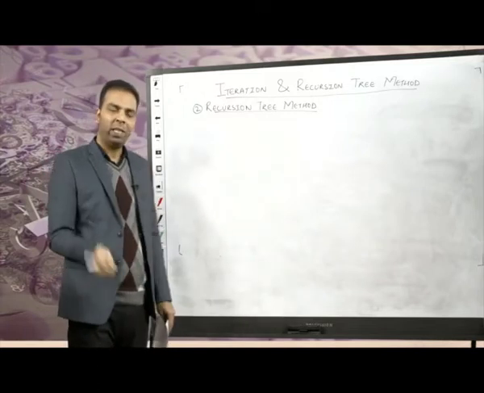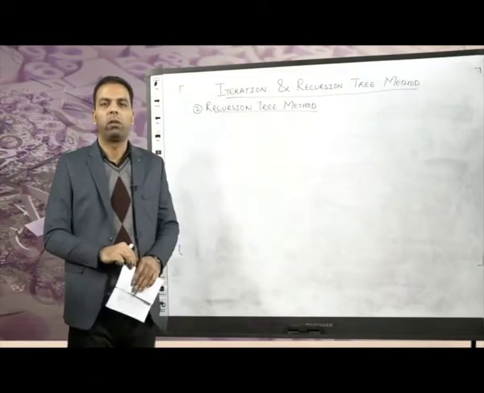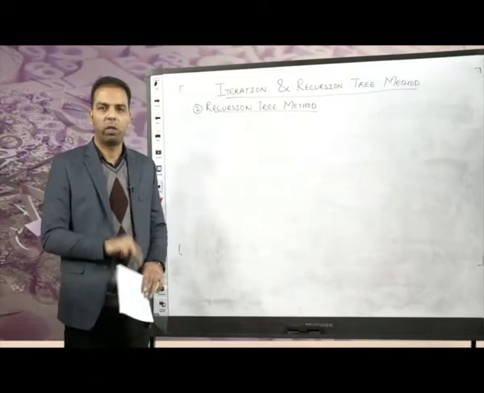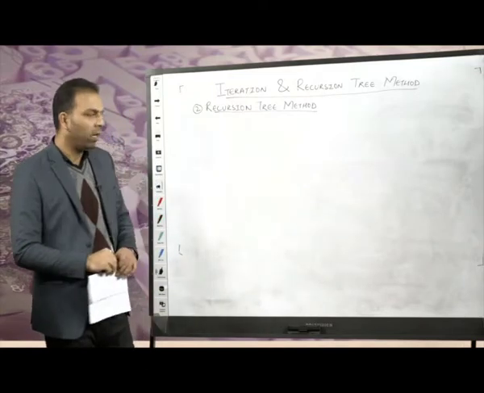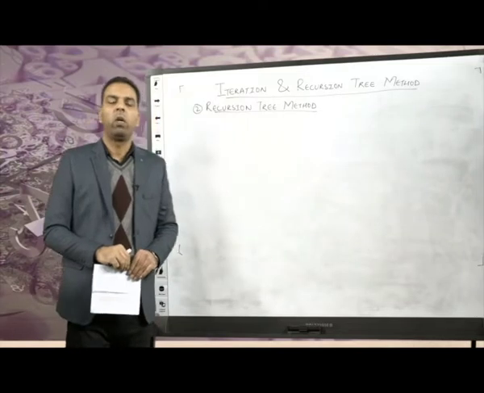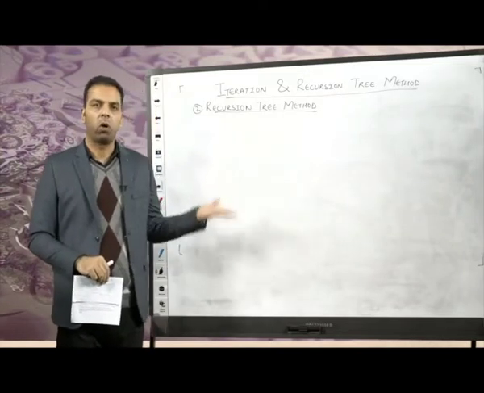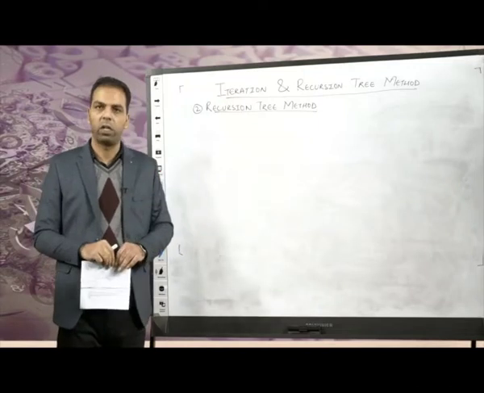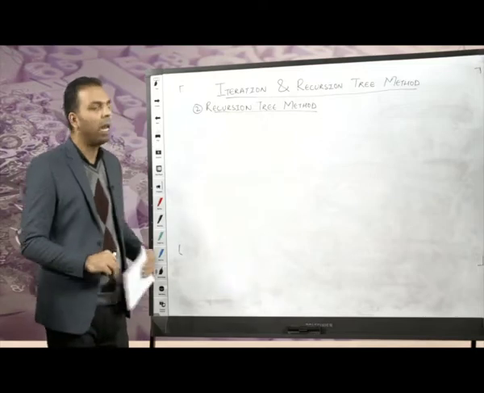So in case you are doing that, you can be a little sloppy and skip some details to get an idea of the time complexity. But if you do it properly, you can actually generate your upper bound or lower bound using the recursion tree method. So we will have a look at it with the help of an example.